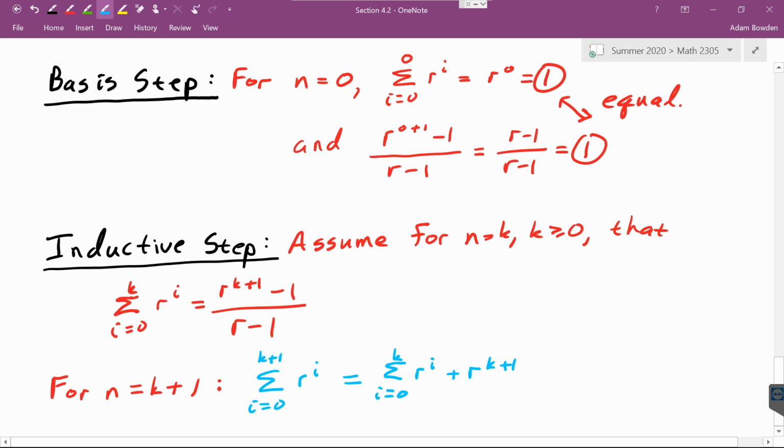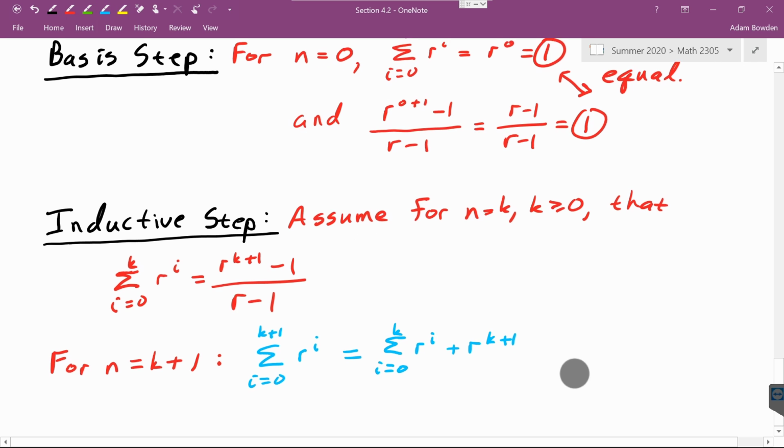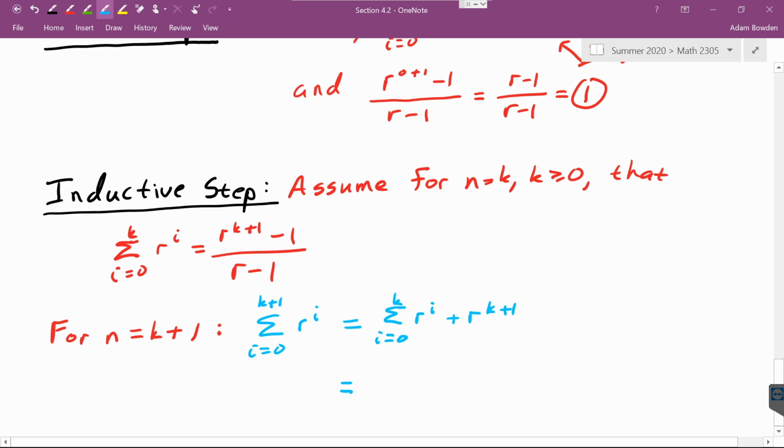What I've done here is split off the r to the k plus 1 term out of the summation. By our assumption above, this summation is equal to (r to the k plus 1 minus 1) all over (r minus 1) plus r to the k plus 1.